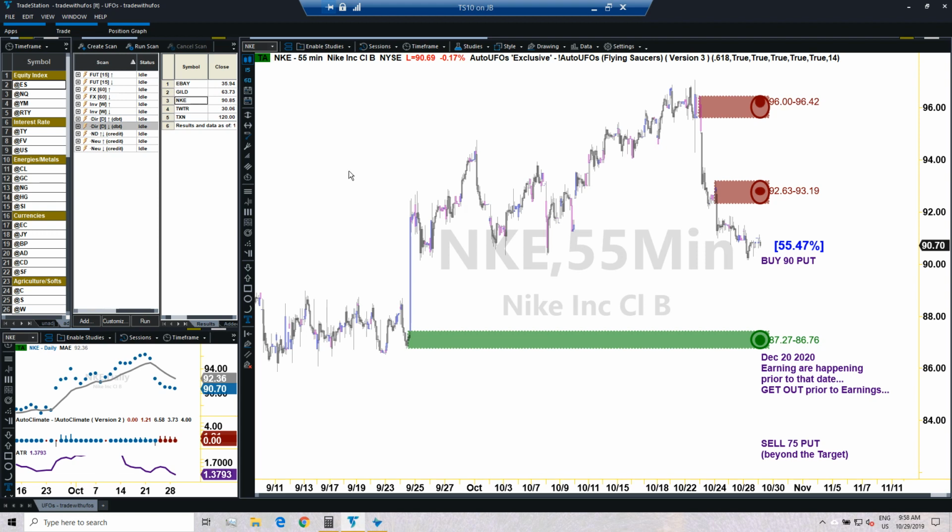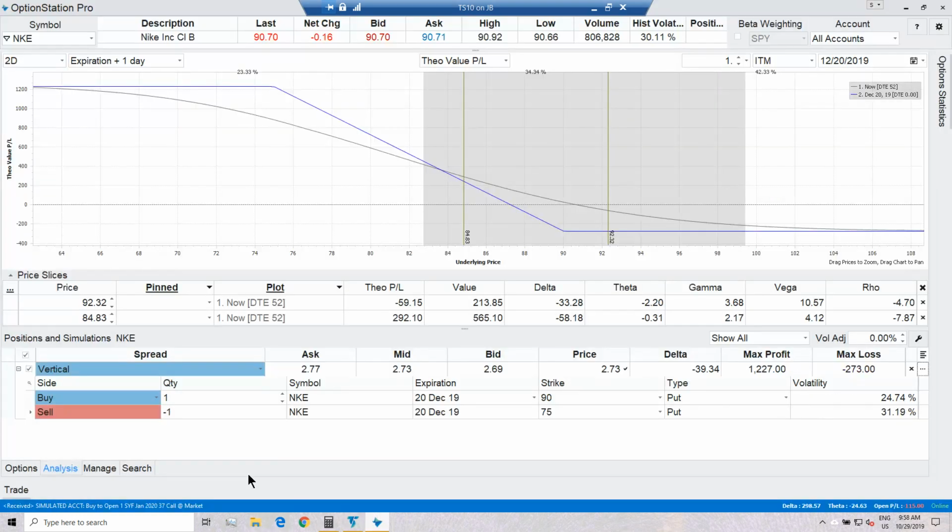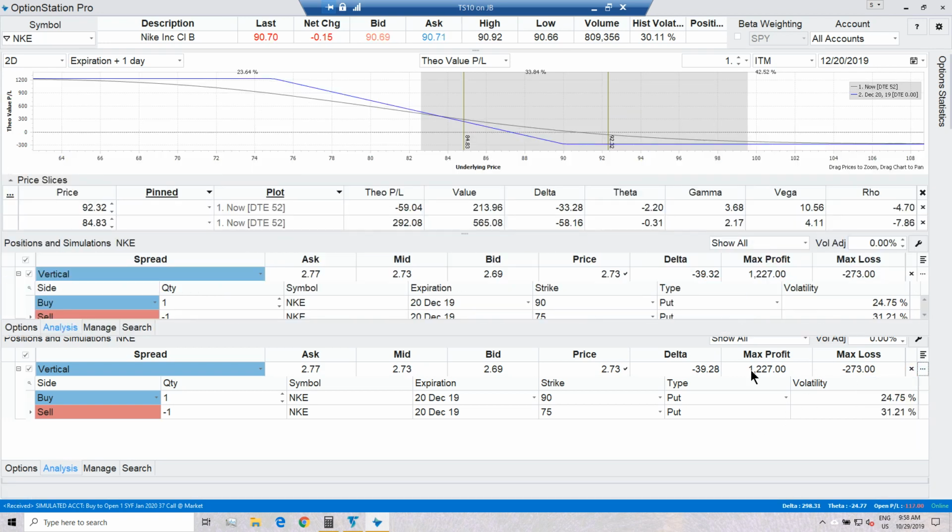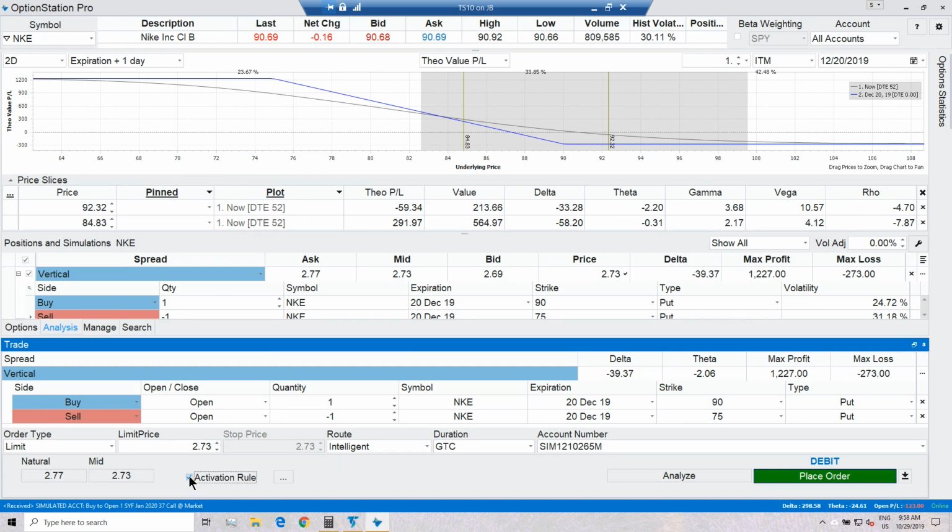So we got the Adobe trade running, we got the Nike trade running, we got the SYF trade running. By the way, I didn't place the order, so let's place the order. So trade, activation rule, market, and I'll make it a day order.